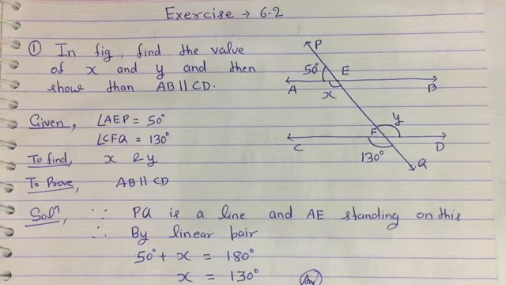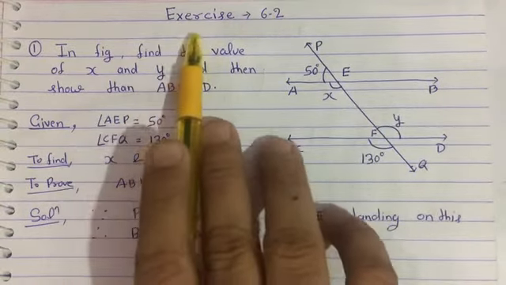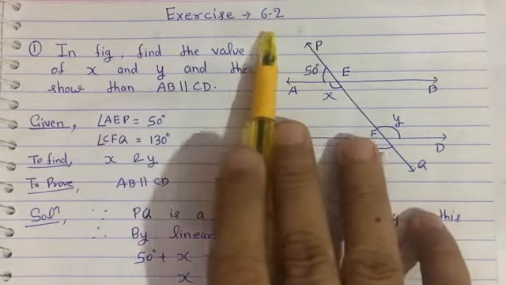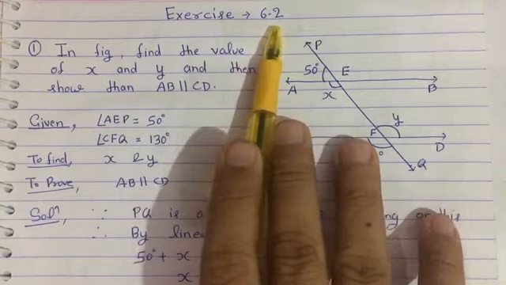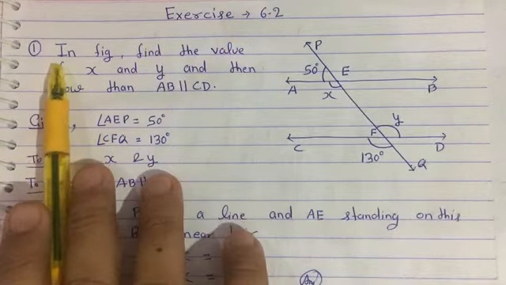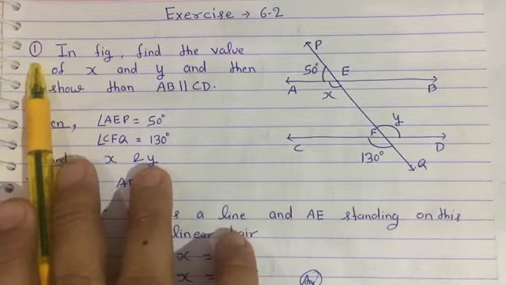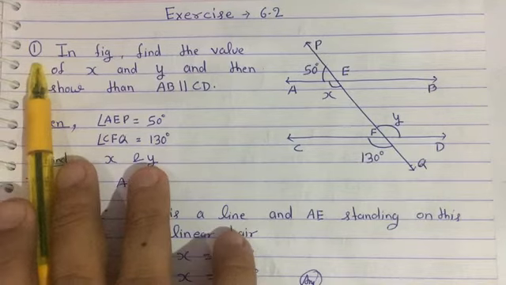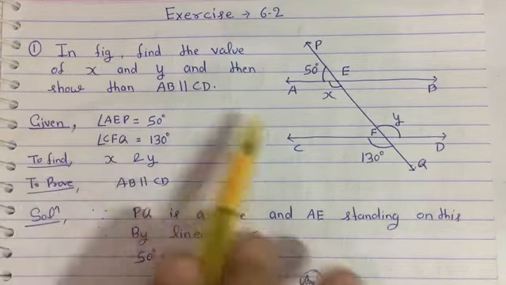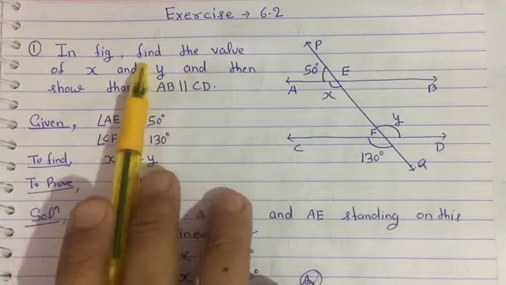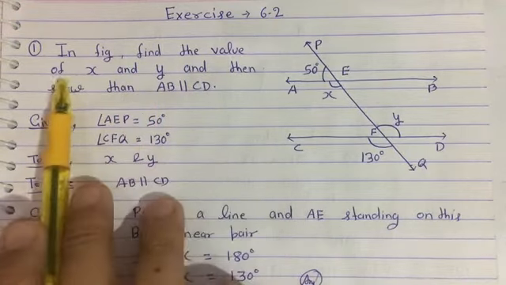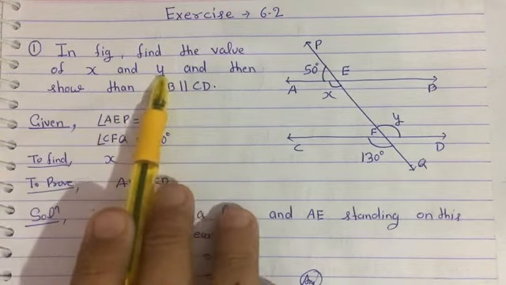Now, today we are going to discuss exercise 6.2. In exercise 6.2, first of all we are going to discuss question number 1, and your question number 1 is what? In the figure, this is the figure, find the value of x and y.